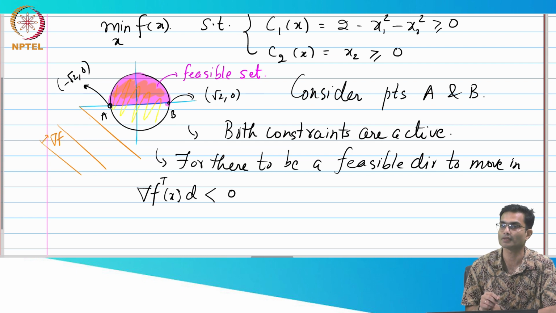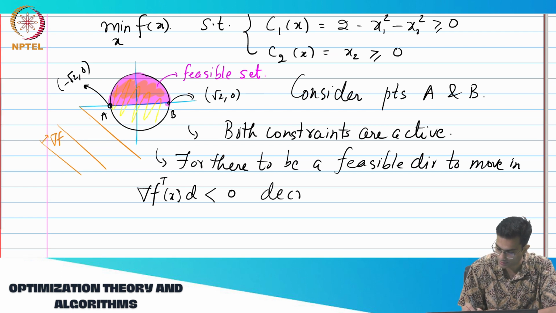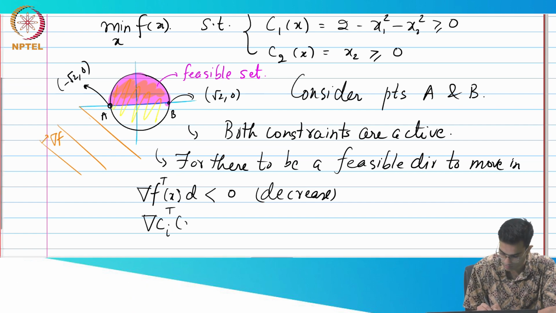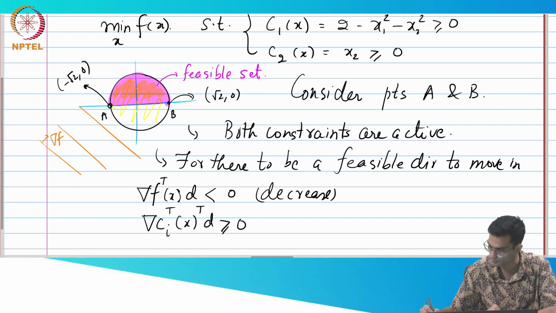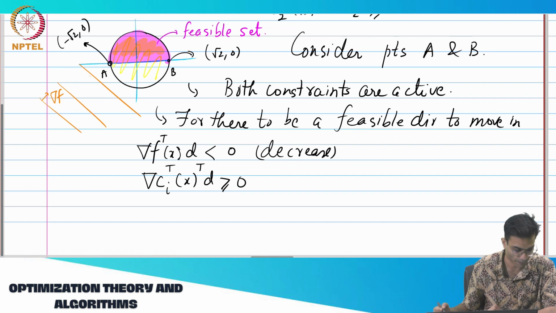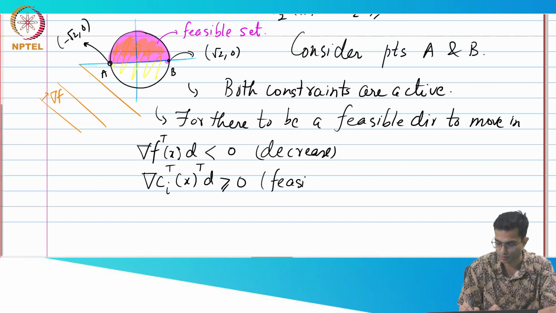This gives me what? Decrease, right? This gives me decrease. And feasibility is going to be given by this. Okay. This is going to be feasibility.